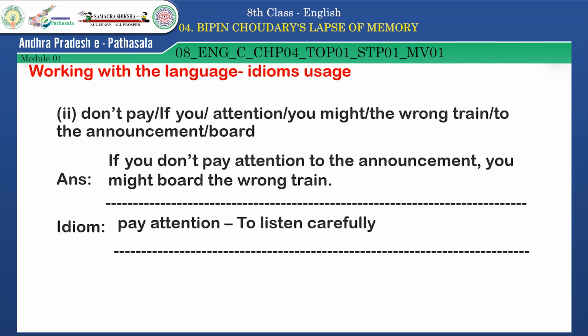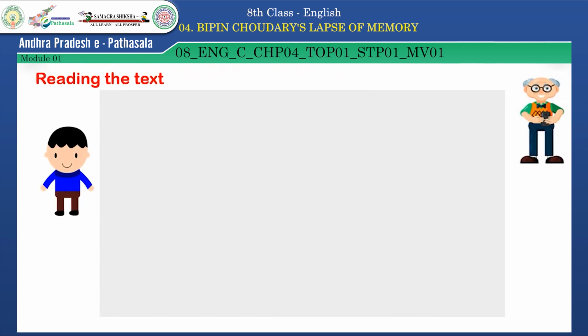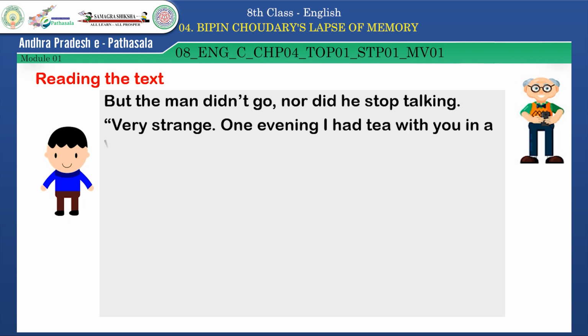Now, again we are going into the text, reading text. So here again Parimal goes and Bipin Choudhury. But the man didn't go, nor did he stop talking. Very strange. One evening I had tea with you in the veranda of your bungalow.